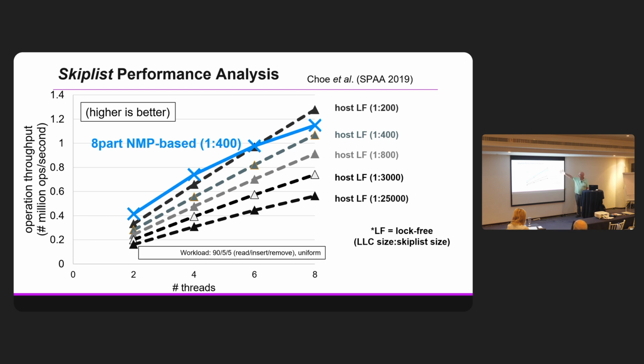So this is exactly what you would expect if our hypothesis was correct. That by making the data structure bigger and bigger, then we get more and more cache misses in main memory, and the performance should be poorer.